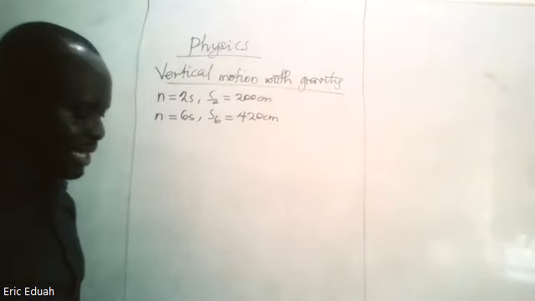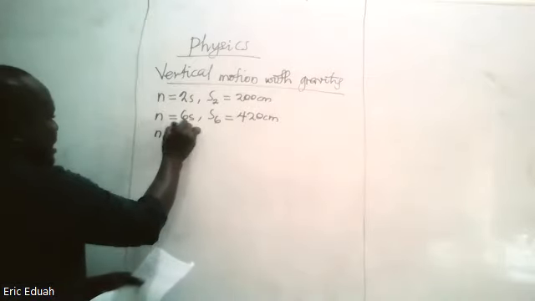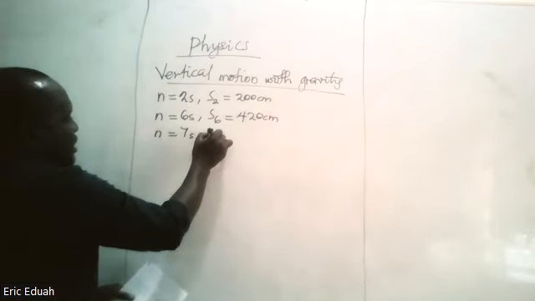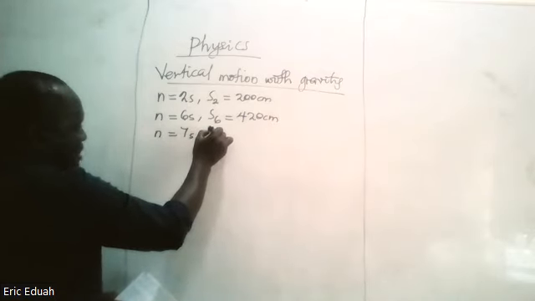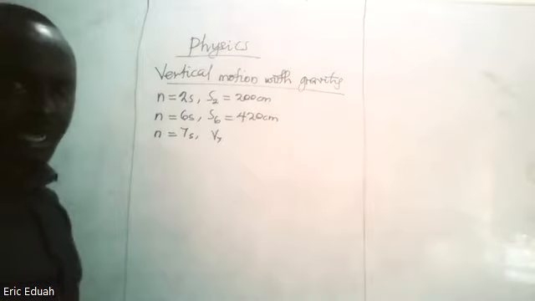What will be the velocity at the end of the 7th second? So we are looking for the velocity at the end of the 7th second, which is, let's say, V7. All right.